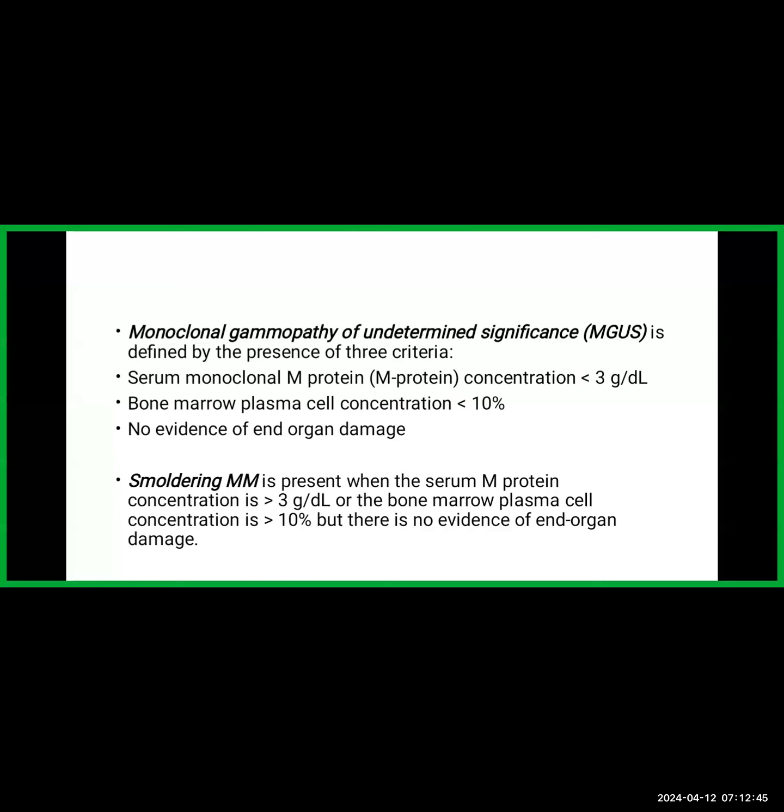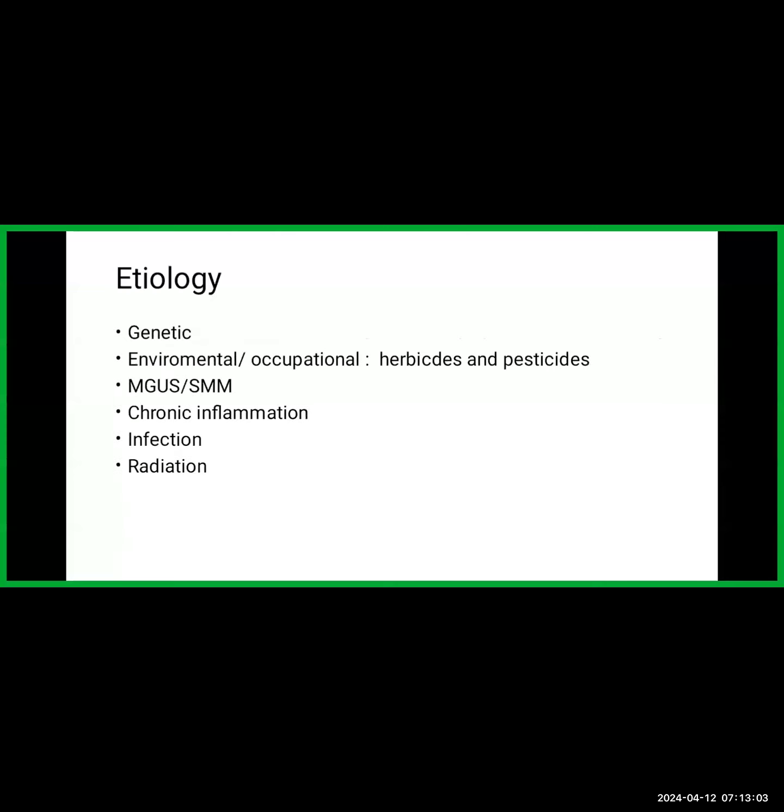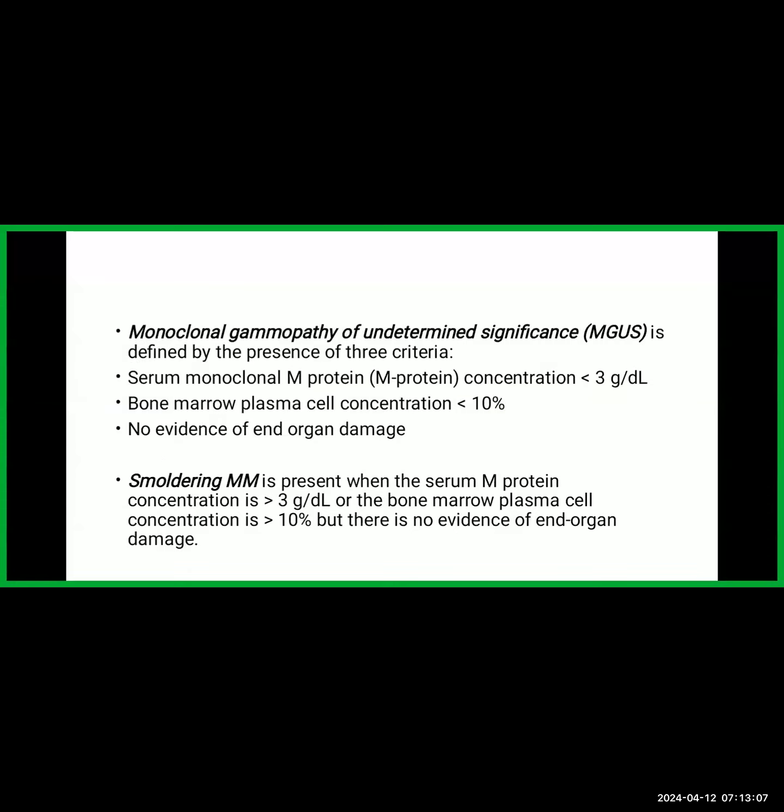Then smoldering multiple myeloma is present when the serum M protein is more than 3 grams per dL and the bone marrow plasma cell concentration is more than 10% without end organ damage. So these are the pre-malignant conditions that can lead to multiple myeloma.